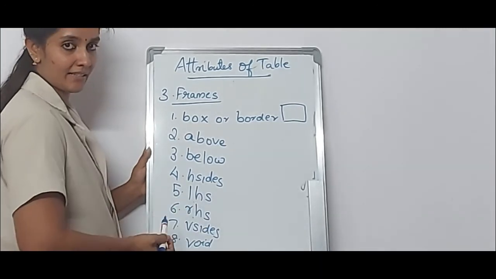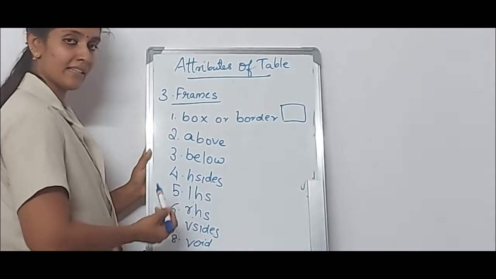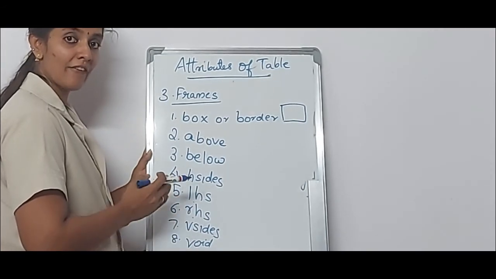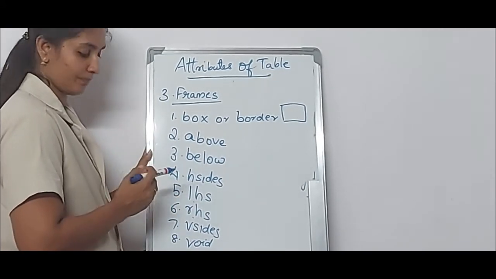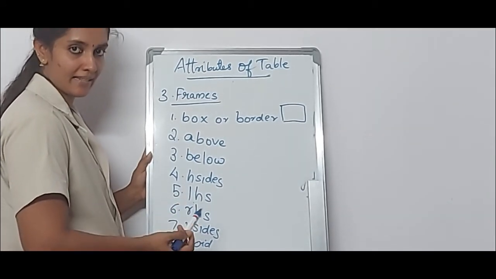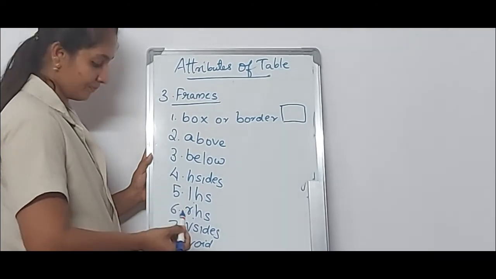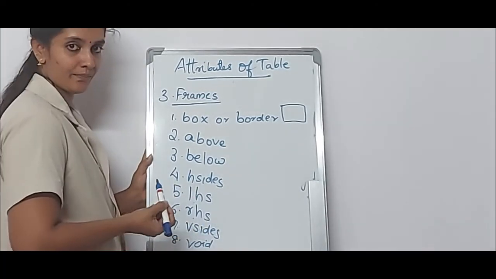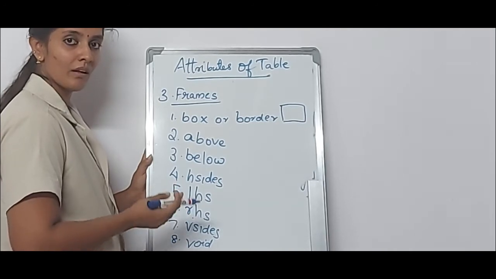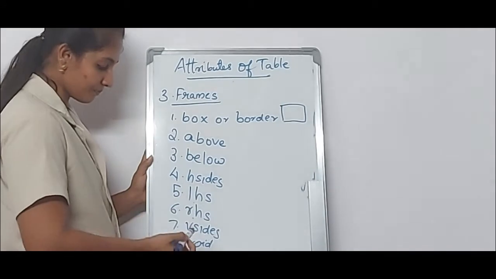Next is LHS, that is left hand side. If the value is LHS, it will display the left hand side of the border. This is RHS. RHS means right hand side. It will display the right hand side of the border. Next is vsides. Vsides will display both left and right sides of the border.